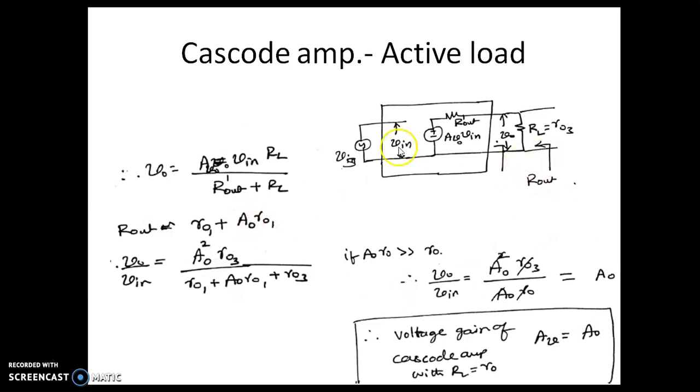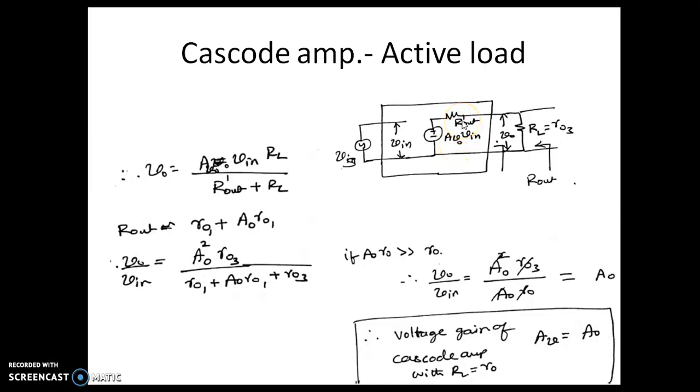If you can see here, we again go back to the same concept of replacing the cascode amplifier by its equivalent circuit with AV0 into Vin, where AV0 happens to be the open circuit cascode amplifier gain.